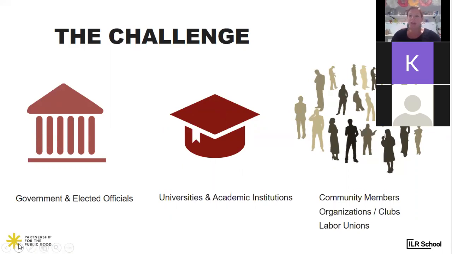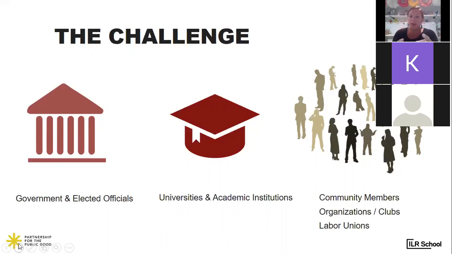So first, I wanted to lay out sort of the picture that we often see in our communities and nationally. So we kind of work and operate in these silos of government and elected officials. There's this type of stakeholder and they interact, and they kind of have their own systems and institutions and sets of rules.